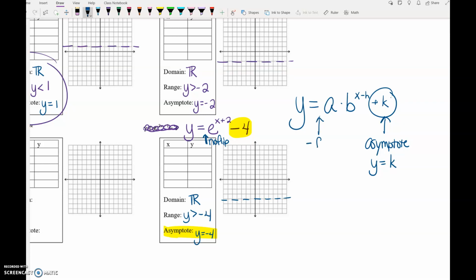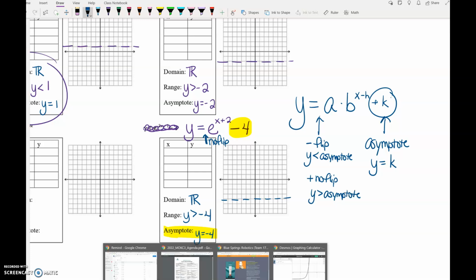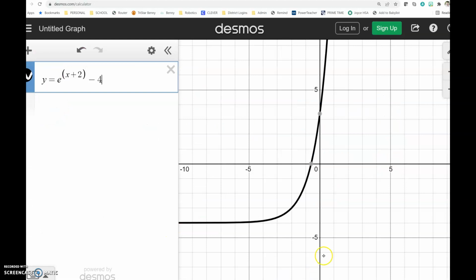If it's negative, that means there's a flip, and that means your range is going to be y is less than your asymptote. If it's a positive number, there's no flip, and that means your range is going to be y is greater than your asymptote.